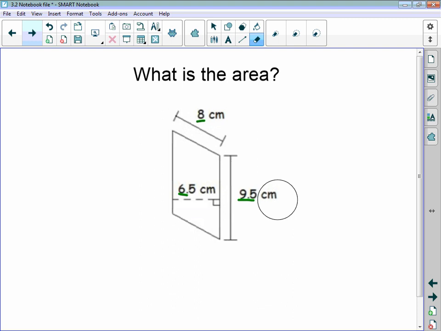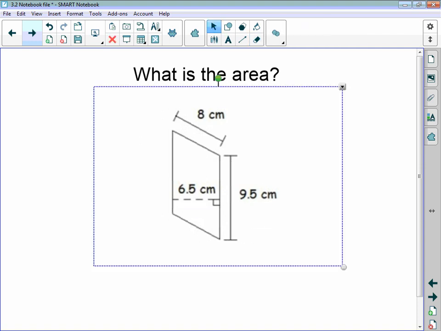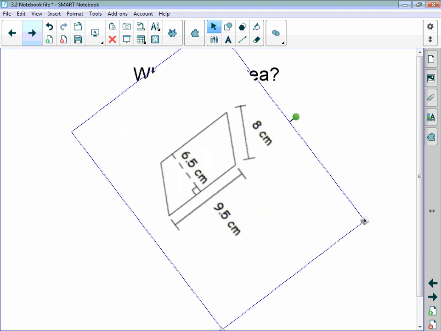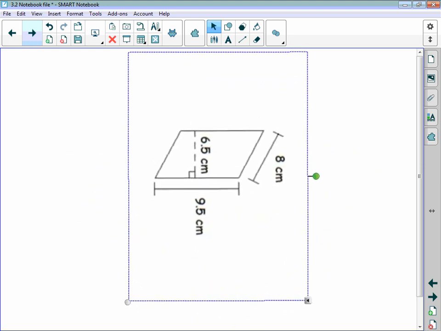So the 2 measurements that we actually want to use here is 9.5 centimeters, which could be the base, and 6.5 centimeters, which, even though it's going sideways, is actually our height. What I could do with this picture, since it's digital, I can actually turn it sideways, just covering up my question.